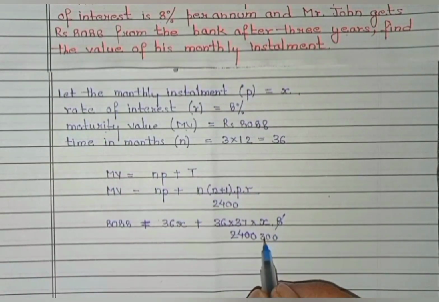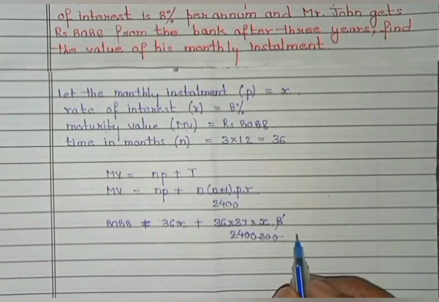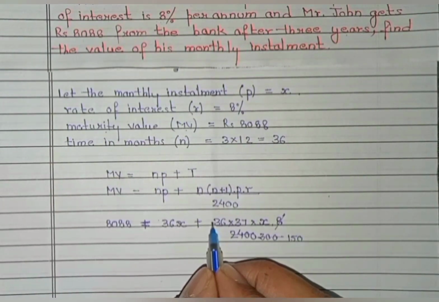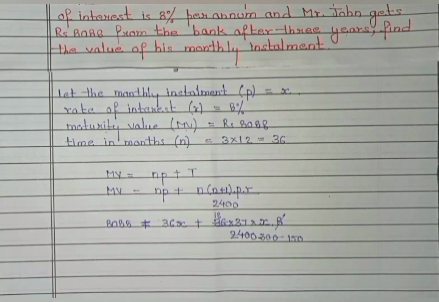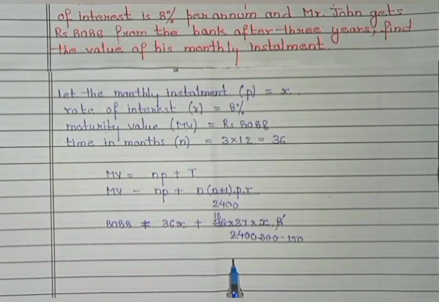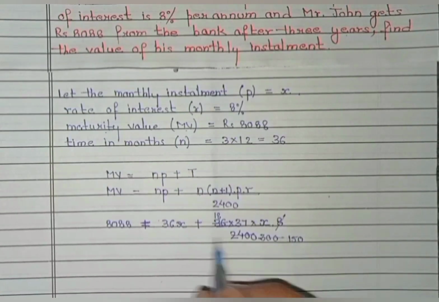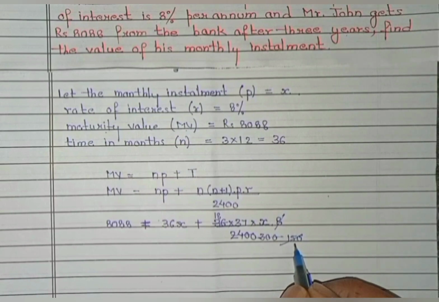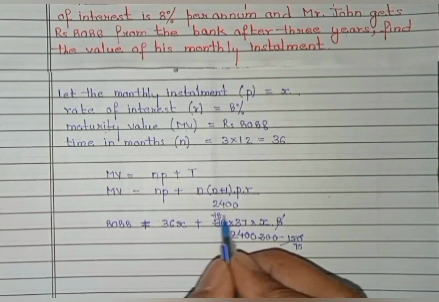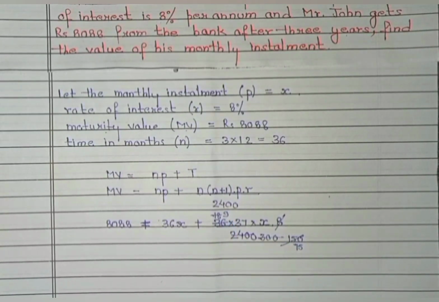Now this 300 can be reduced by 2 to get 150. This will become 18. Now this can be reduced by 2 again, so you will be getting 75. You can reduce it by 2, you will be getting 9.